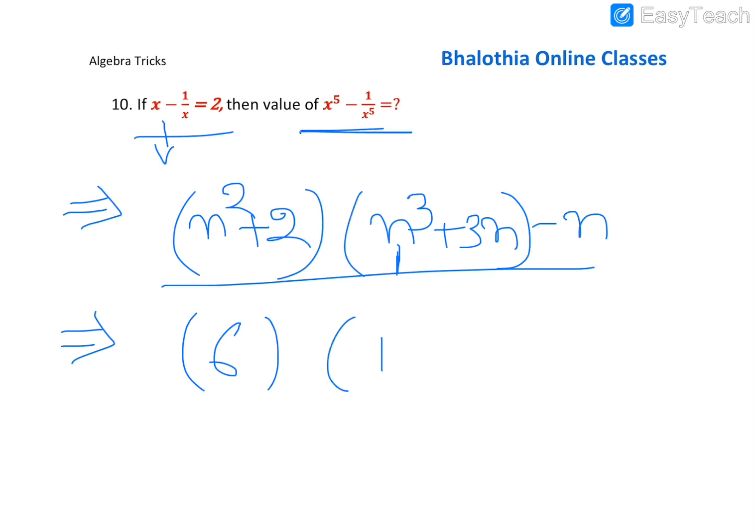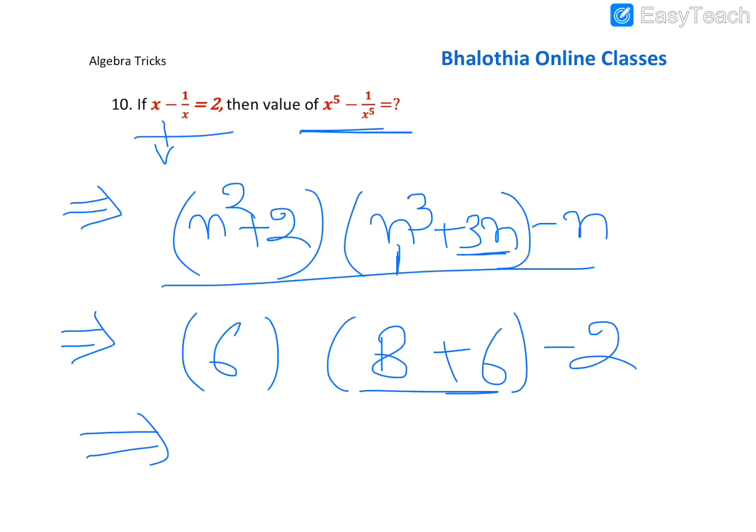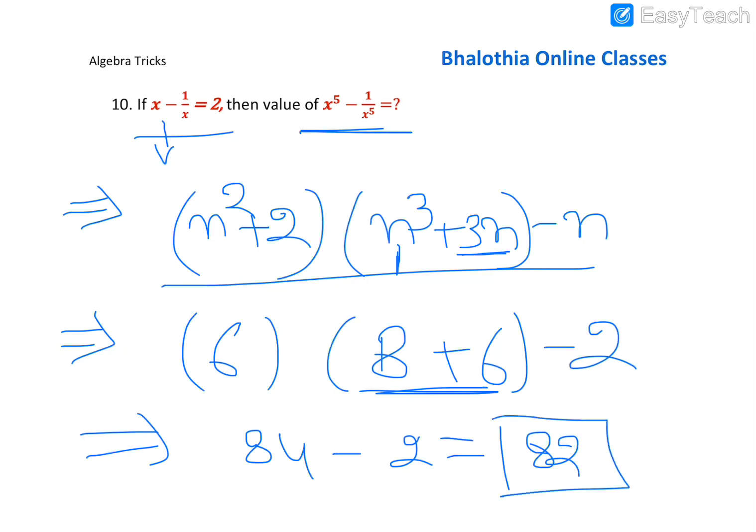It's power 3. Okay, so 2 raised to the power 3, 8, it's fine, right? And then 3 into 2, 6, right? And then minus 2, so it will become 8 plus 6, 8 plus 6 is 14. 14 into 6, it will become 84 minus 2, so your answer will be 82 in this case. Okay, 82 is your answer.